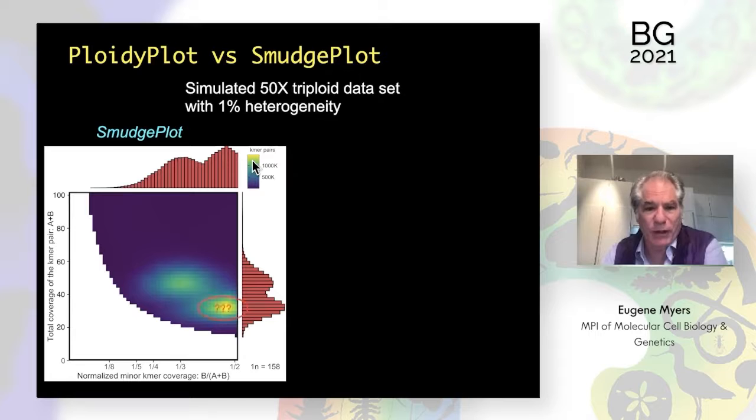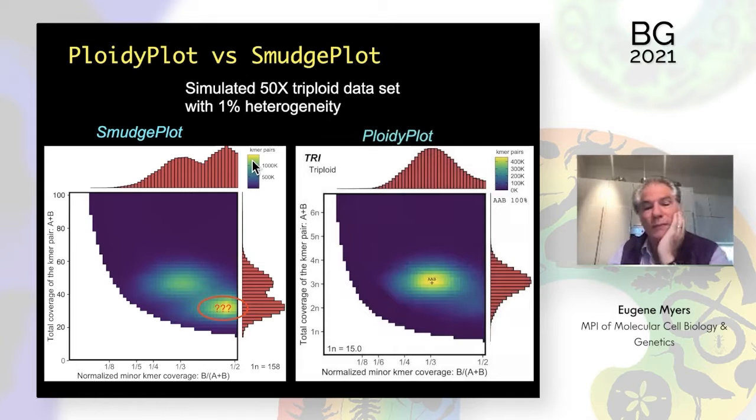In the smudgeplot output, you see the expected triploid smudge, but also circled in red is a much brighter smudge that should occur really, truly only in diploid genomes. This smudge, after analysis, we found is due to artifactual counts produced when het sites are within K base pairs of each other. So in ploidyplot, we developed a method that detects this situation, then doesn't count the hapmer pairs from this situation, giving a clean single triploid smudge as you see there.